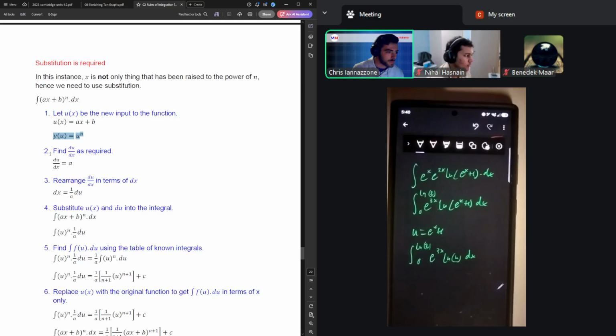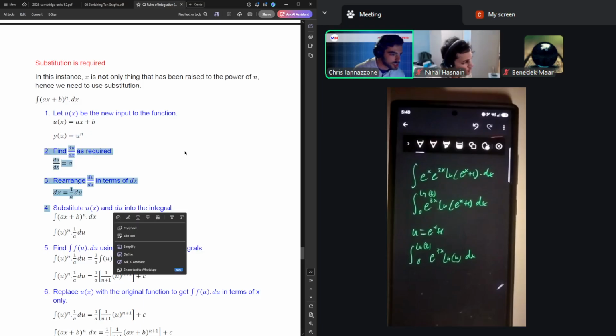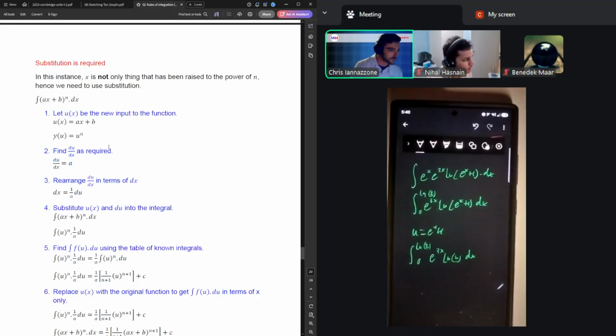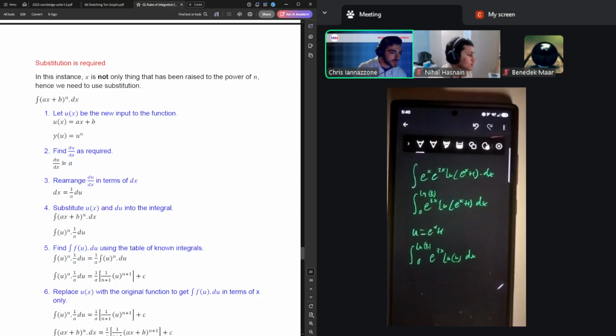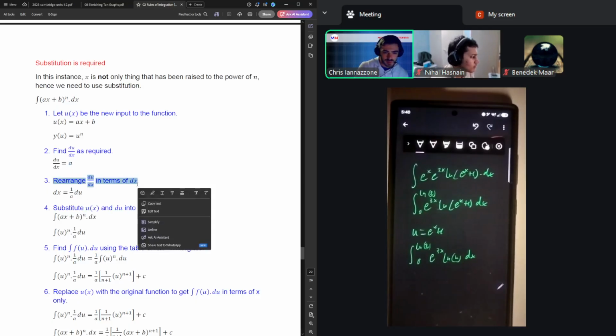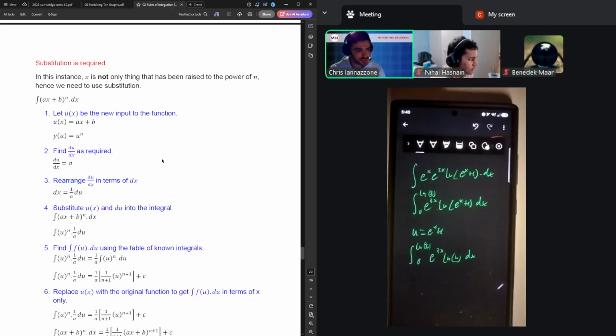From there, we use the relationship between the derivative and the original function. We want to find the derivative of that u, this function that we've now created. So the derivative of a linear, in this case, just gets you the coefficient. From there, you do something that's a bit weird. You rearrange the derivative equation itself. This is an equation, you can kind of treat this like a fraction.